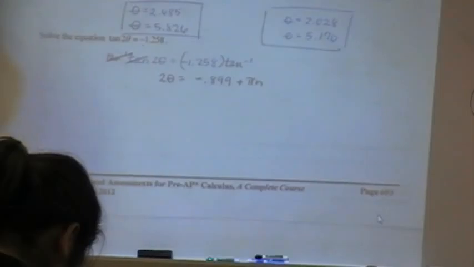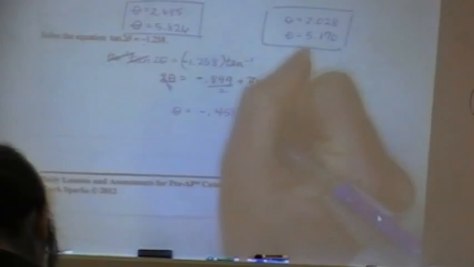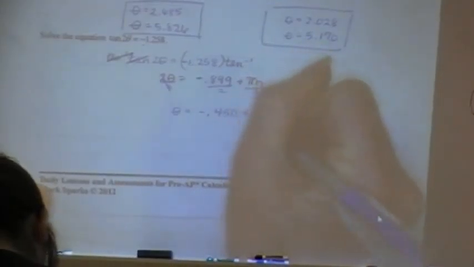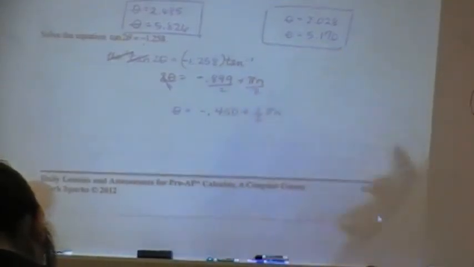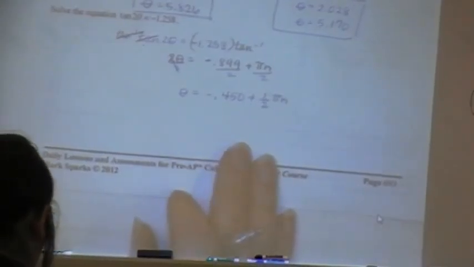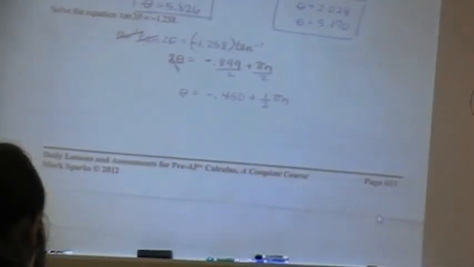Still got to divide by 2. Alright, plugging in 0 doesn't help me because that's negative.